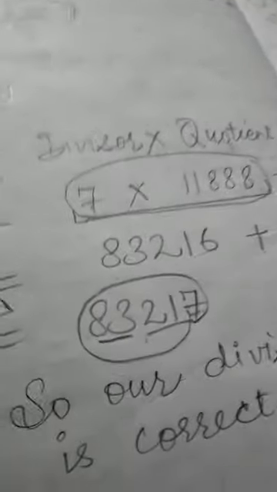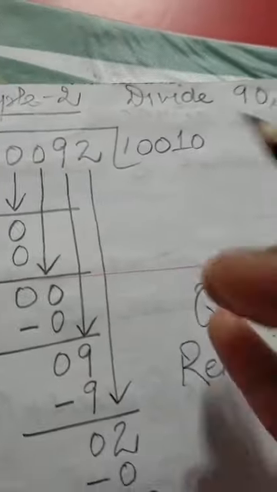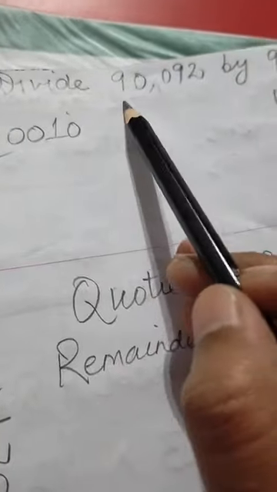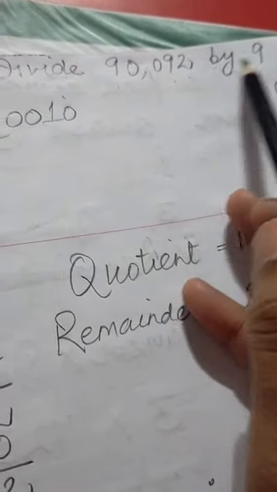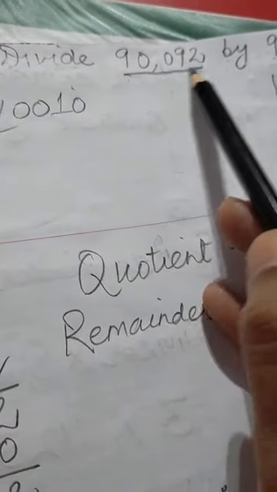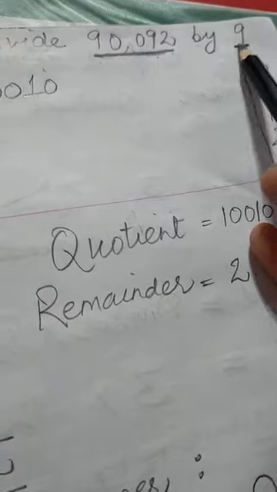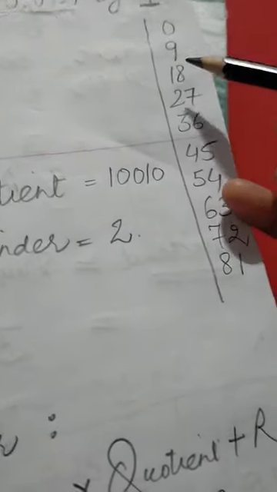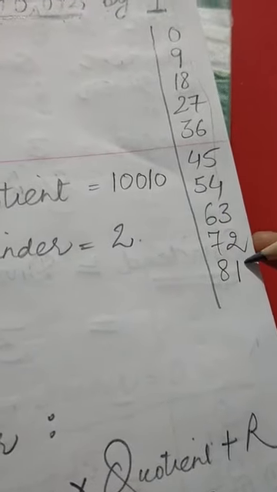Yes, you can also understand it with the help of one more example. See it carefully. The question given to us is to divide 90,092 by 9. Here you can see this is the dividend and 9 is the divisor. First of all, we will write the table of 9 on the side of our calculations in the notebook, where we will do the sum.